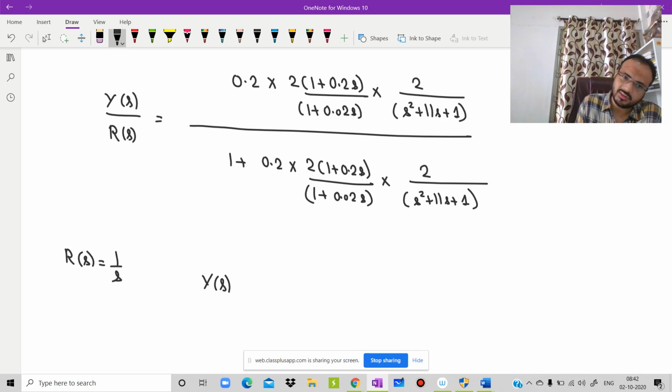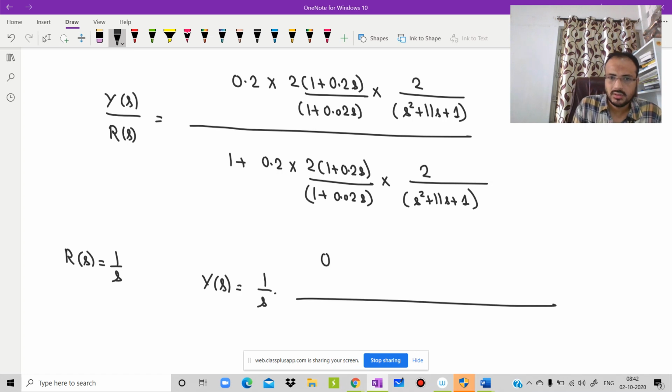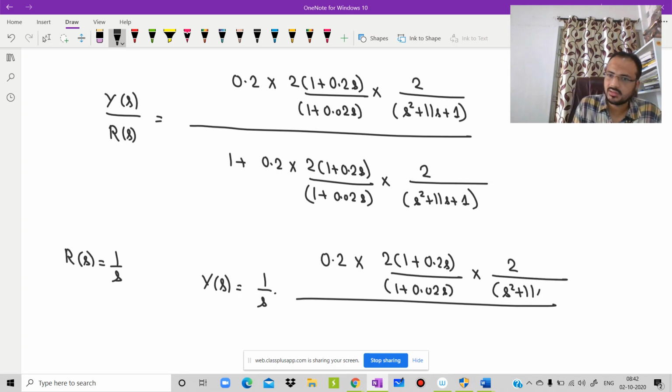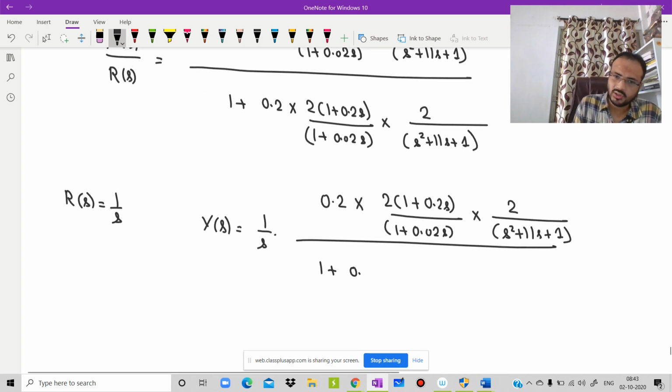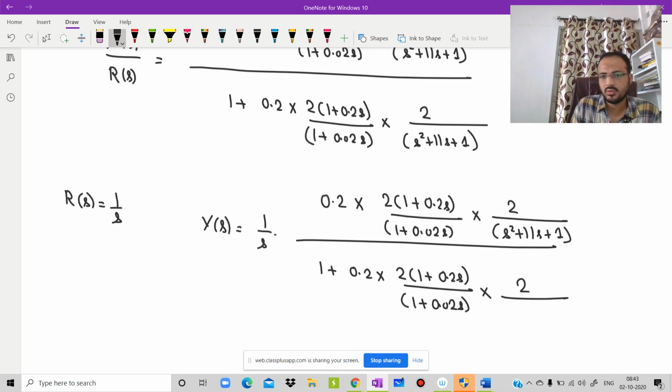Then you will get y of s is equal to 1 by s, 0.2 into 2 into 1 plus 0.2s divided by 2 by s square plus 11s plus 1, over 1 plus 0.2 into 2 into 1 plus 0.2s divided by 1 plus 0.02s, 2 by s square plus 11s plus 1.